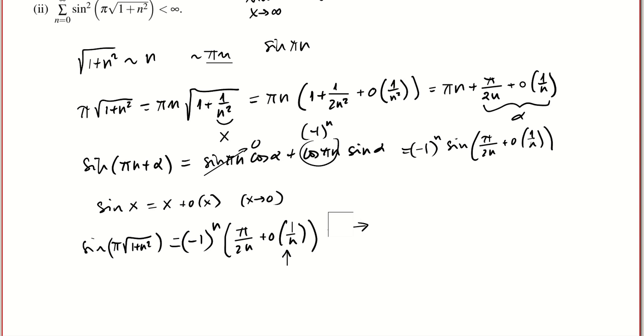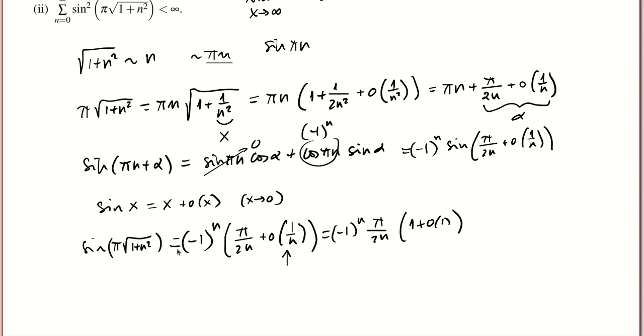Well, we can actually factorize this. It's minus 1 to the n, pi over 2n here, times 1 plus o of 1, factorizing this factor here.